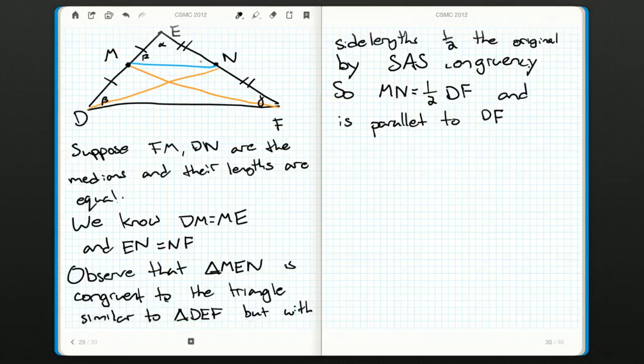By similarity, this has to be beta and this has to be gamma. And that means that we're going to have parallel lines here. Both MN and DF strike EF at the same angle. They're parallel. They both strike at an angle of gamma.